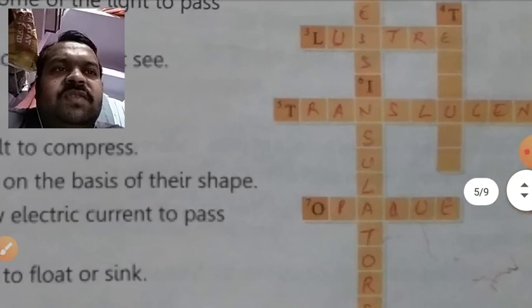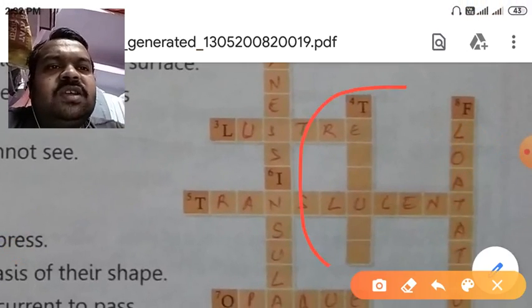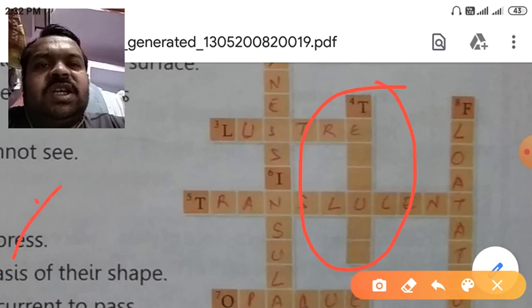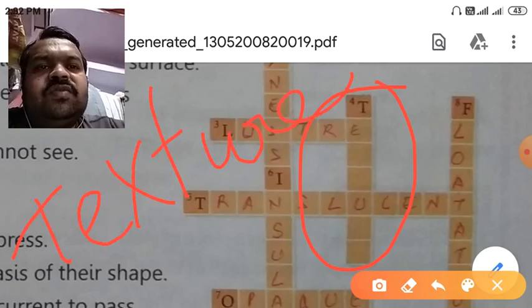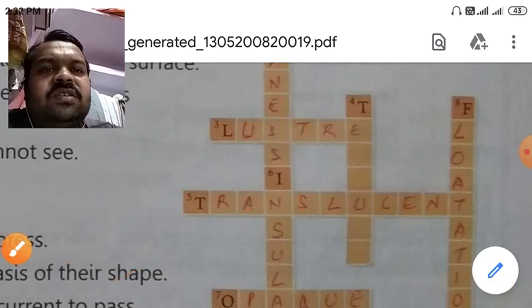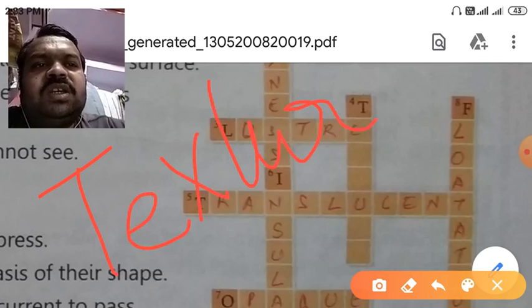It is not filled. You can write here texture. The spelling is TEXTURE.